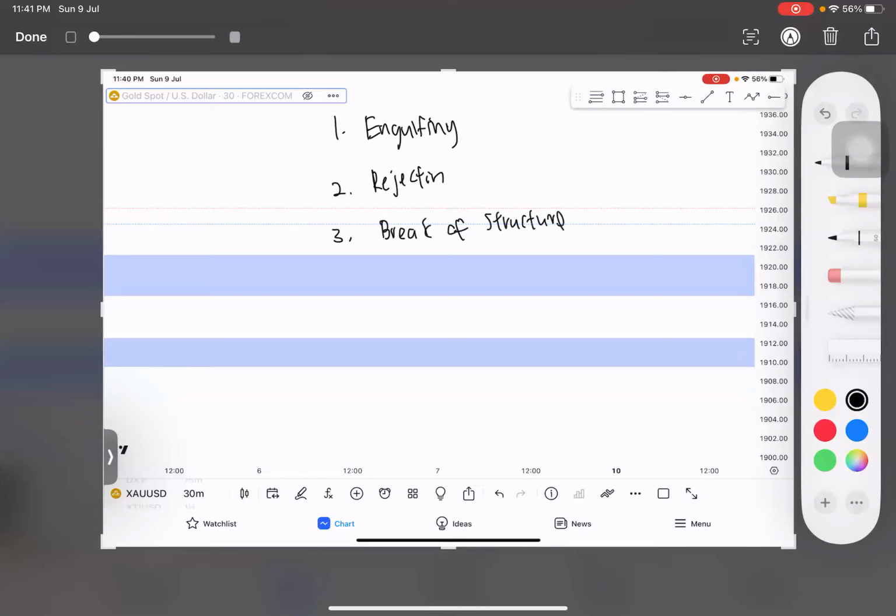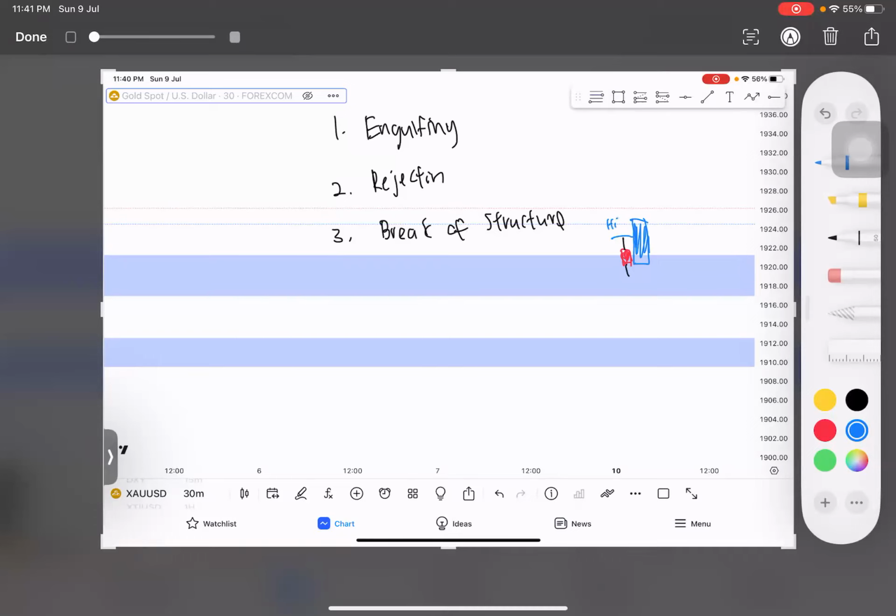For engulfing, for example, this is our buy zone, so you have to see a bullish engulfing. What is really important is the body. For the bullish engulfing, I would like to see the body close above the high.